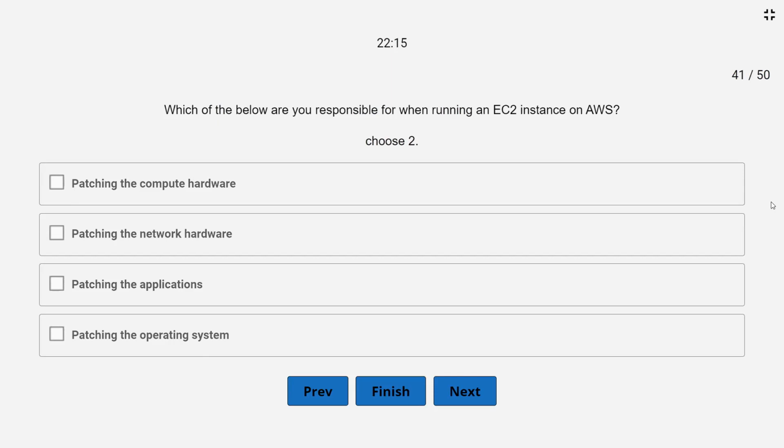Next question. Which of the below are you responsible for when running an EC2 instance on AWS? Choose two. Patching. Next question. CD. Yeah, CD.